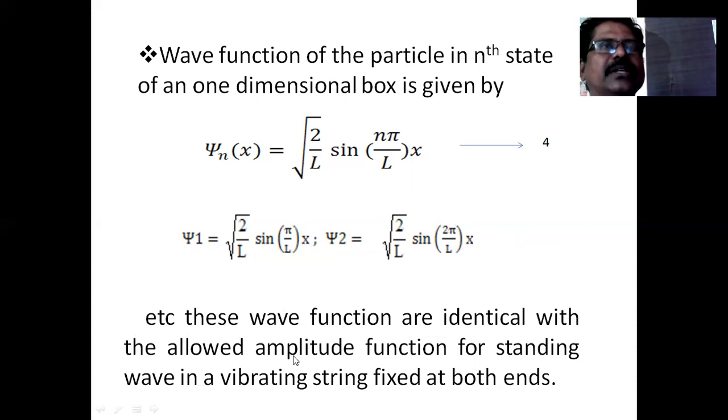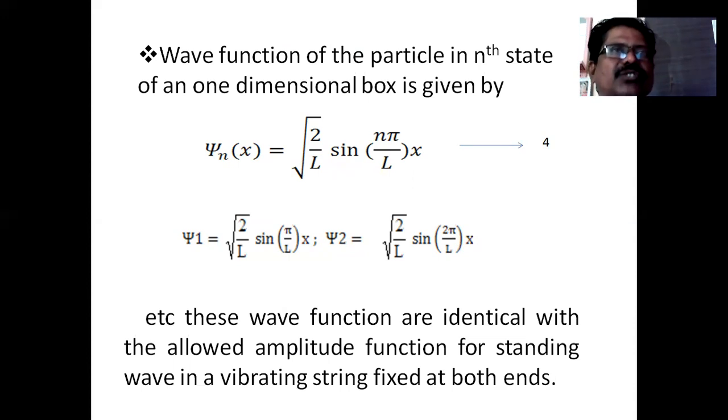In this way we determine the energy of the particle in a one-dimensional box. We have derived the equation E of n equals n square h square divided by 8 m L square.